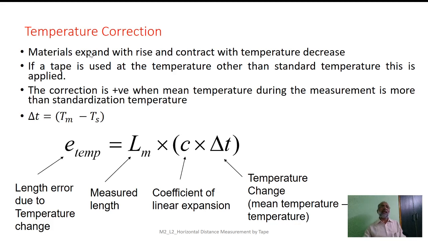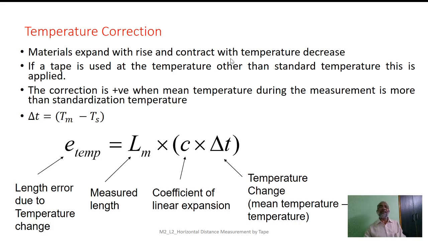One more correction that needs to be applied is the temperature correction. When the tape is stretched, we can make use of a set of thermometers, and accordingly we can measure the temperature during our measurement conditions. If the temperature is higher than the design, then the material is subjected to elongation, expansion.